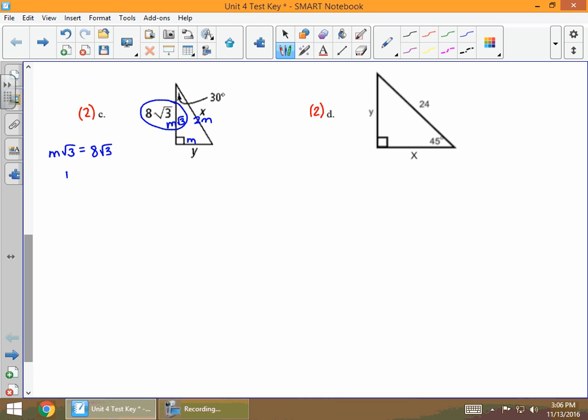Divide both sides by radical 3. And m is equal to 8. Now I have to find x and y. What does x equal? Well, over here is x. X is equal to 2 times m. So 2 times 8 is 16. And the y is down here. And y is equal to the m value. So y is equal to 8.